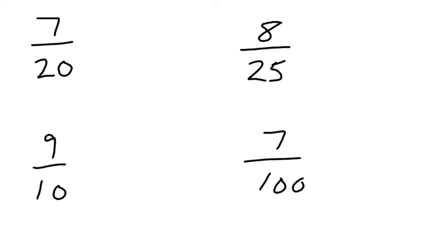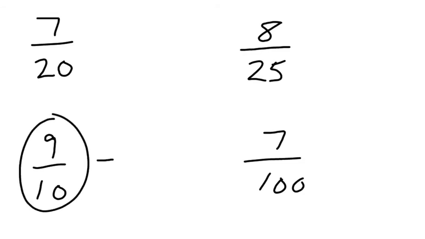Now, there are some fractions that when you change them to a decimal, there's a beautiful shortcut. These are the fractions when they have a 20 in the denominator, a 25 in the denominator, a 10, or a 100. Let's start with 9/10.